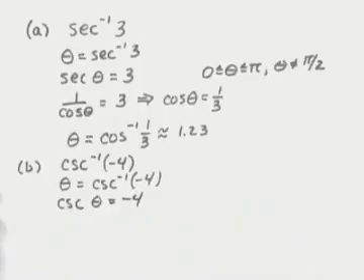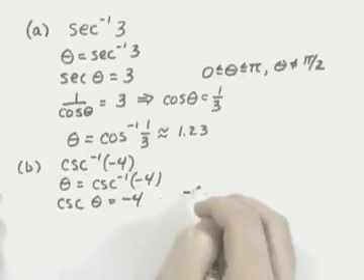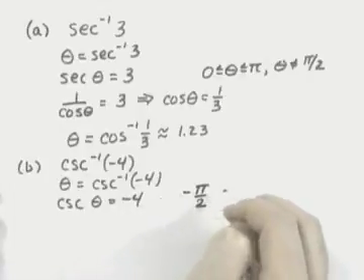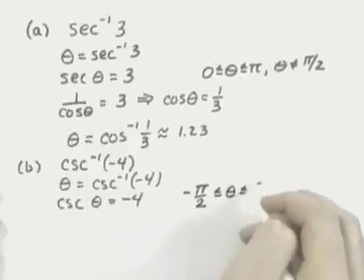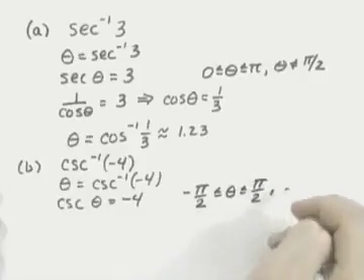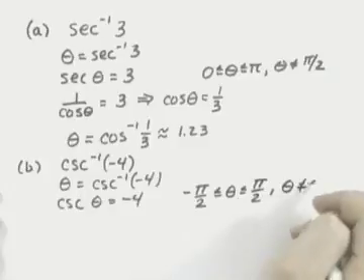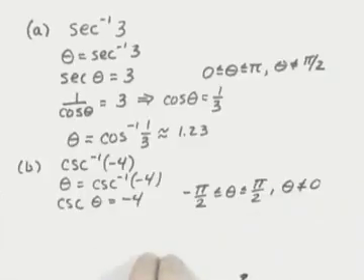Remember that the restriction on the domain for the cosecant was -pi/2 to pi/2, where theta cannot equal 0. We can recognize immediately that this is the same domain restriction that we had for the sine function.